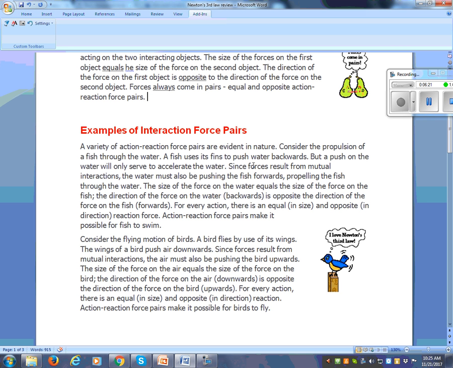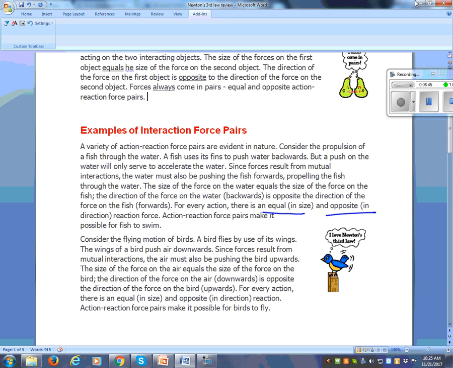The size of the force on the water equals the size of the force on the fish. And the direction of the force on the water, backwards, is opposite the direction of the force on the fish, forwards. For every action, there is an equal in size and opposite in direction reaction force. Action-reaction force pairs make it possible for fish to swim, and humans too.